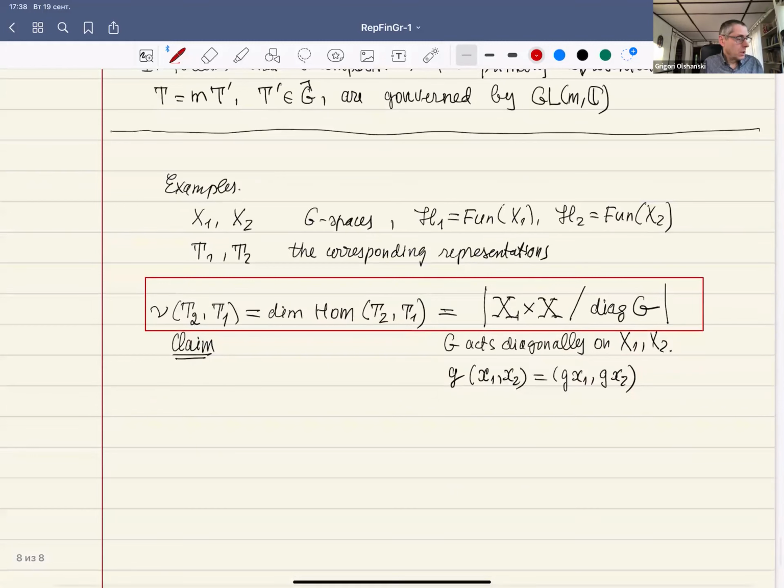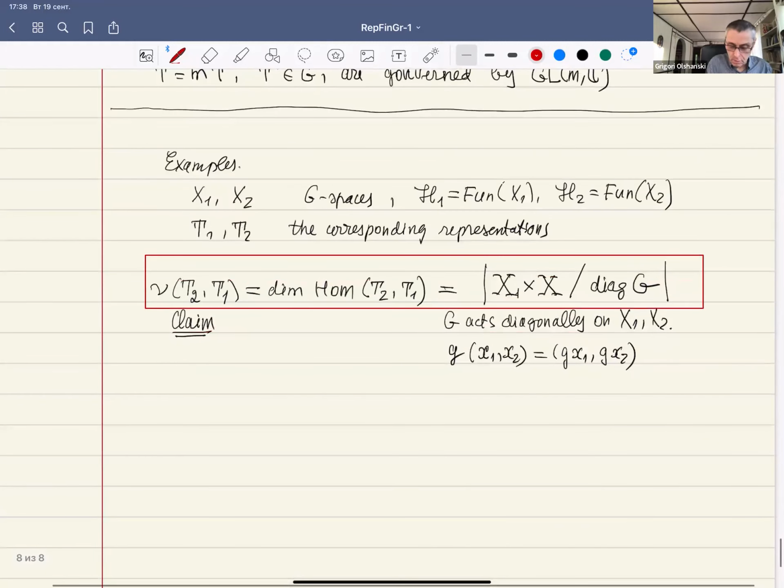So the idea, we have 2 minutes to prove. The proof is as follows.